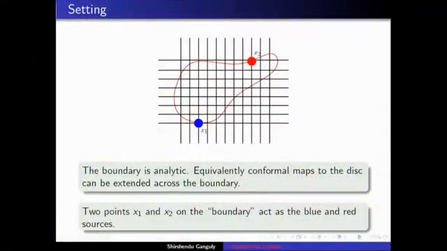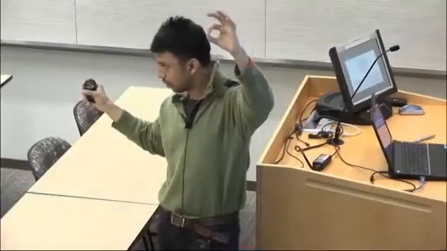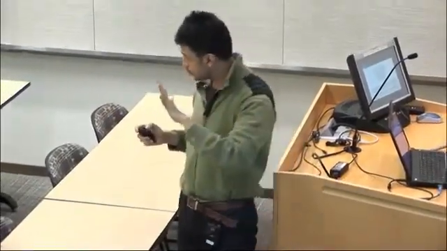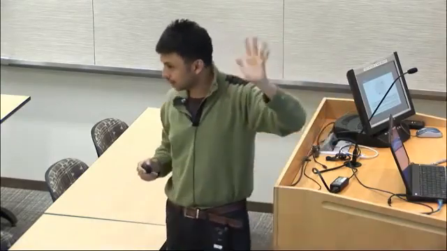And for the moment at least, the sources will still be point masses on the boundary. So you have a domain, take two points x1 and x2 on the boundary, they will be roughly your sources, and the graph will be the intersection of this with a fine mesh. Of course it's still a little informal, because these points need not be lattice points and need not lie on the graph, but roughly this is going to be the setting.